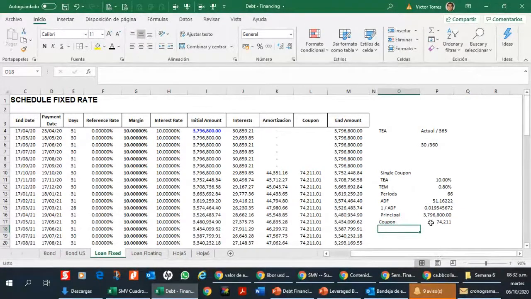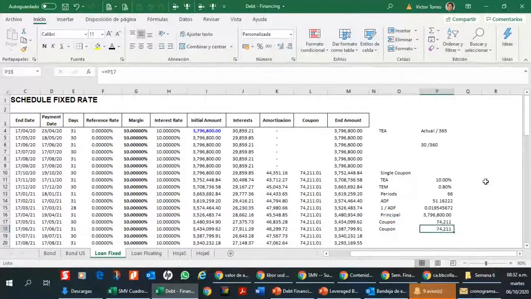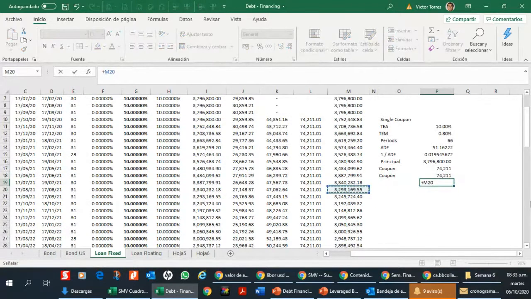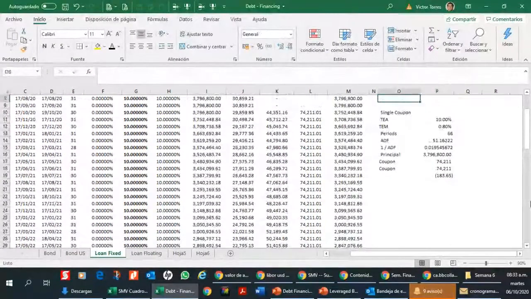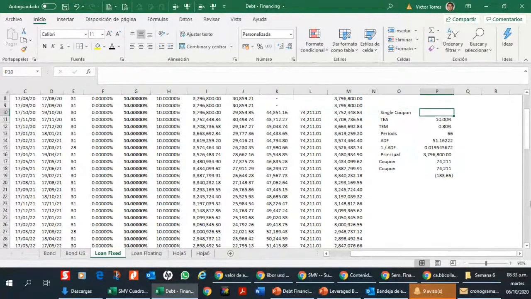What we basically do is we assume a coupon, and using this is still good because it allows you to get close to the number. I'm putting this as a number, and I'm going to be linking to this amount, and obviously linking everything to this cell.